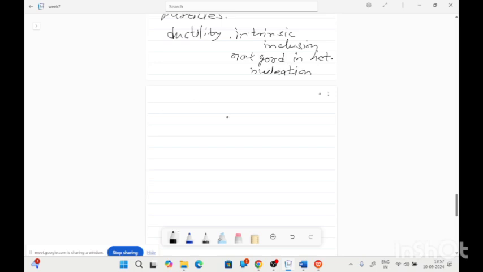As the surfaces for nucleation are more, the number of nuclei will increase. That will further increase the nucleation rate.